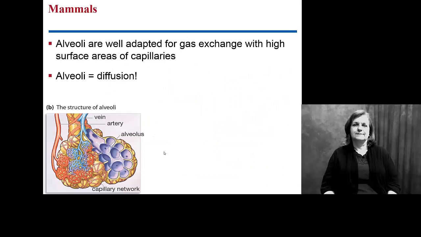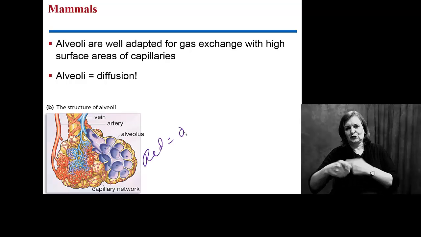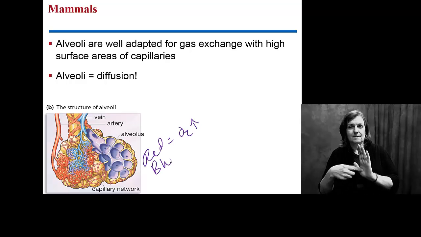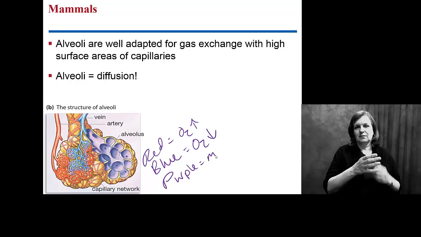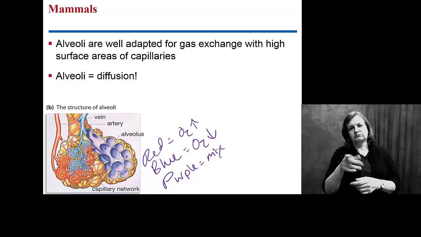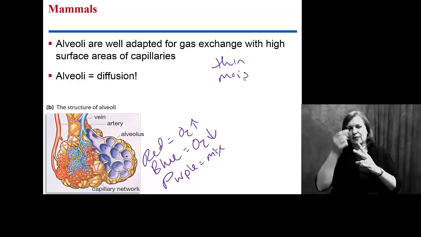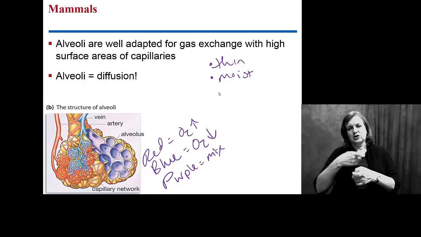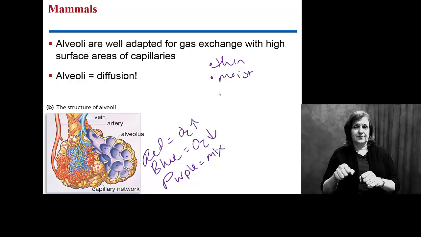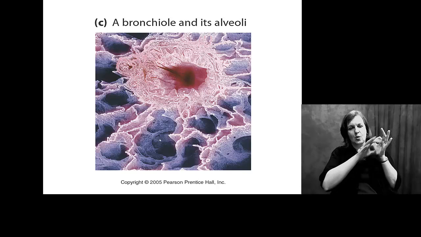We are dependent, as I said, on those alveoli for diffusion. Remember, again, red is oxygen rich, blue is oxygen poor, and purple is a mix. The alveoli are very, very thin, and they're moist. We have to keep them this way so that we can get the best exchange of oxygen and carbon dioxide that we can. We're looking at diffusing oxygen into the blood. So here's a cross-section of a bronchiole coming down, and then all of the alveoli, or the smaller pockets.